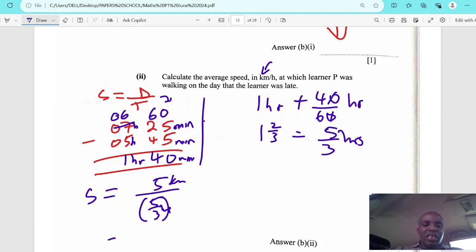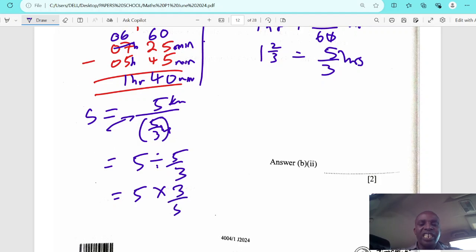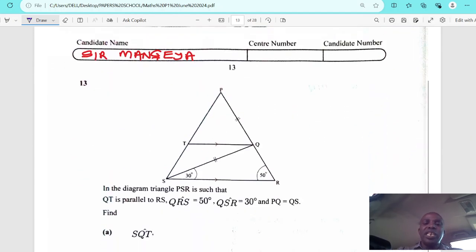Since you will not be using a calculator in this paper, what you do, you use this division instead of this line. To be divided by 5 over 3, it's still the same. So it will be 5, then introduce multiplication, then invert, 3 over 5. 5 will cancel out. It will be 3 kilometers per hour. That will be the speed.